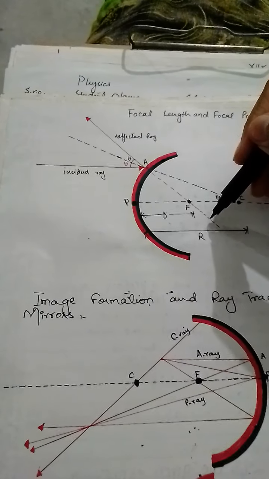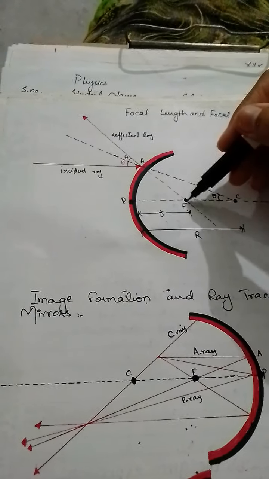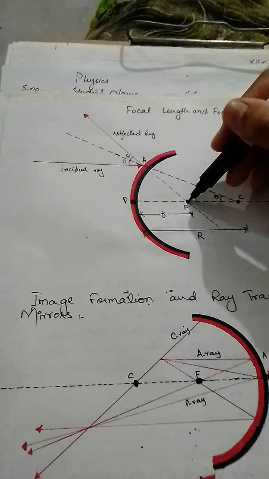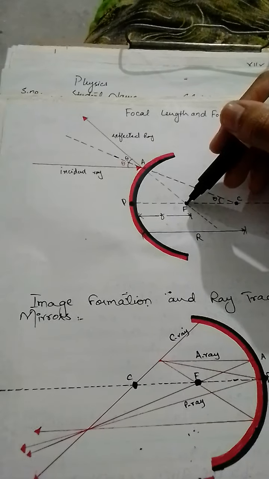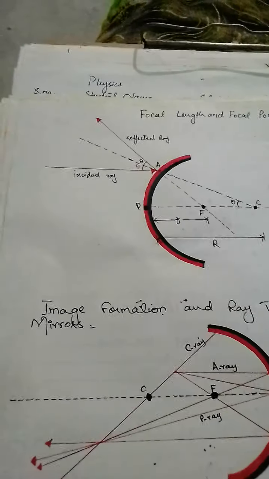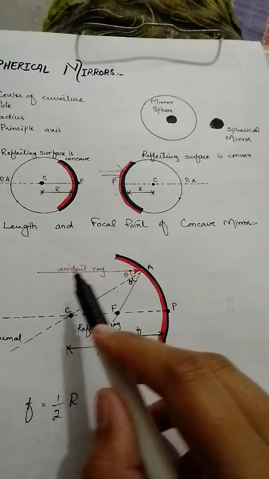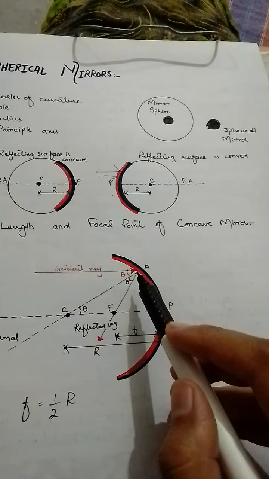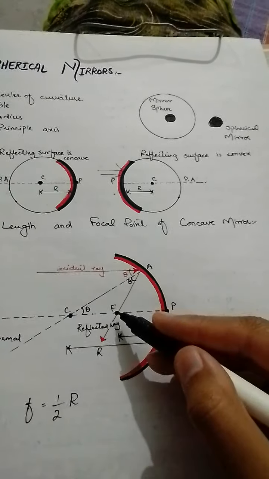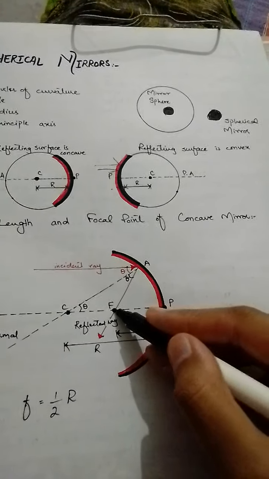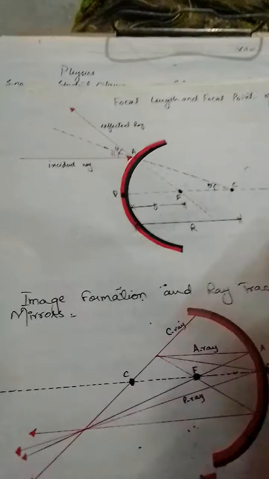It will continue to travel this way until we just reach the focus point. You would remember that in this case the initial ray was parallel to the principal axis, and after reflection it passed through the focus.